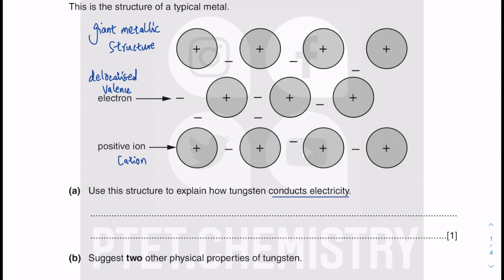Okay, so using this structure, the giant metallic structure has a sea of delocalized valence electrons. Irrespective of whatever they show you, you always have a standard that you should be able to state.